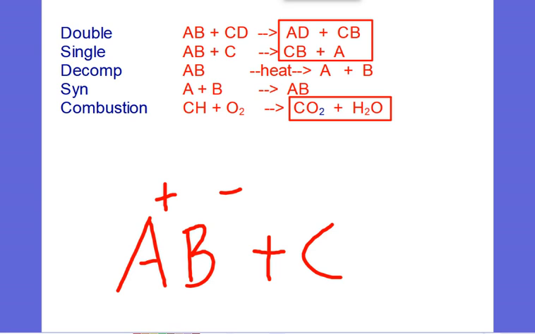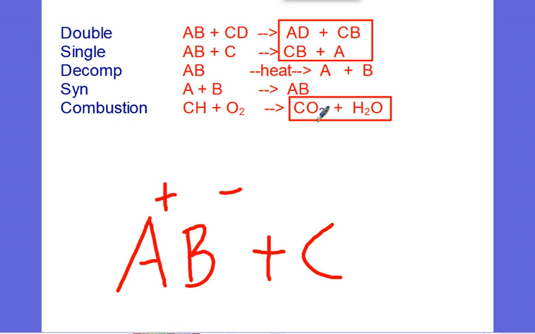And then the fifth type of reaction that we dealt with a bunch was combustion reactions. And combustion reactions have some combination of carbon and hydrogen, could be 2 and 4 or 3 and 6 or whatever, reacting with oxygen. And depending on how much oxygen it is, you can have one of two possible answers.